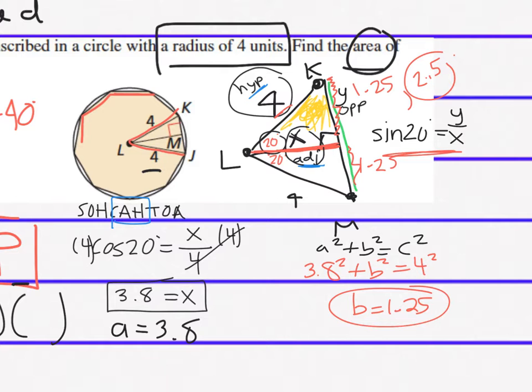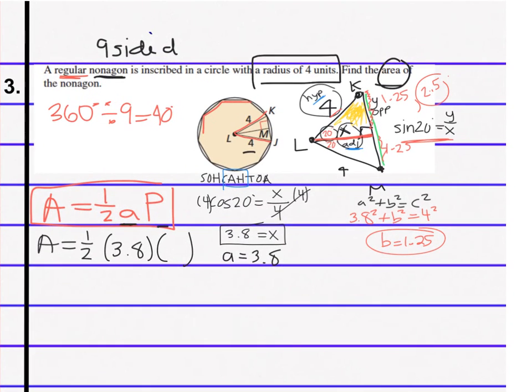So each side in this regular nonagon is 2.5 units. My formula is asking for perimeter, so I need to do 2.5 times 9, and I am getting for that 22.5.